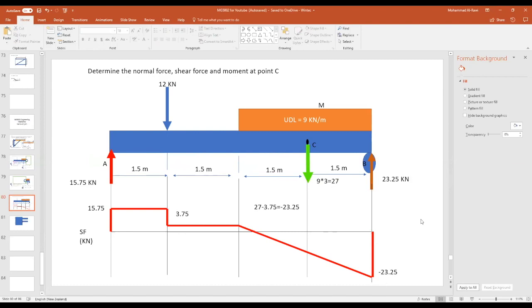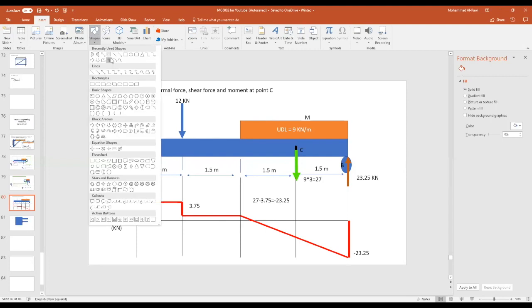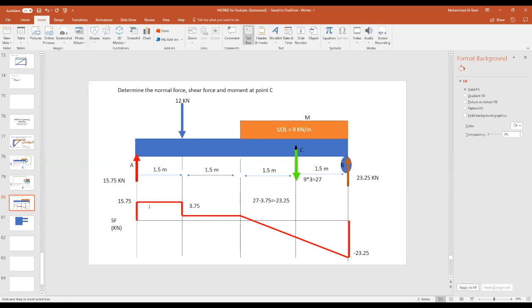Now, I'll give you time, and you will help me as well, because I need some space to sketch the bending moment diagram. I may do it on top of it with a different color. See what we can do, it's very interesting here for bending moment diagrams.